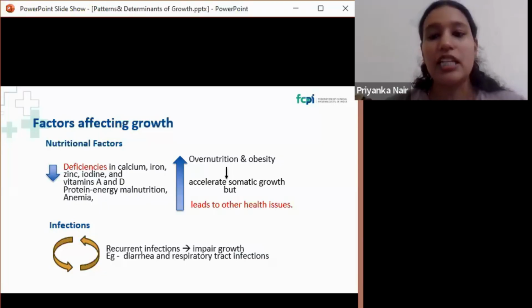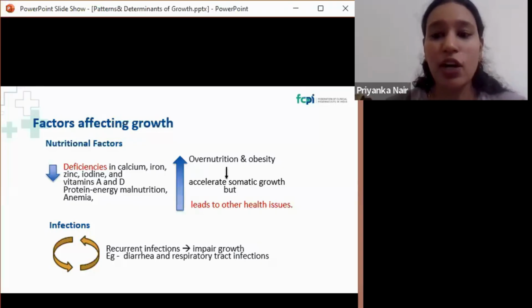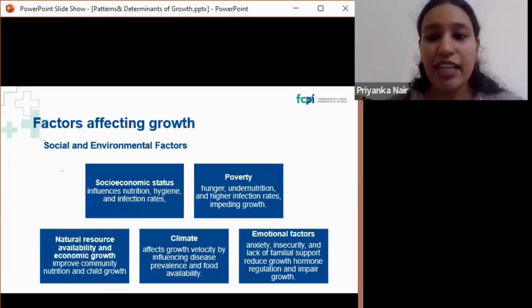Then infections, that is recurrent infections may lead to impaired growth. This is seen in case of infants when they have recurrent diarrhea or respiratory tract infections. And finally, we have social and environmental factors. Socioeconomic status in which the child grows influences nutrition, hygiene, and infection rates.